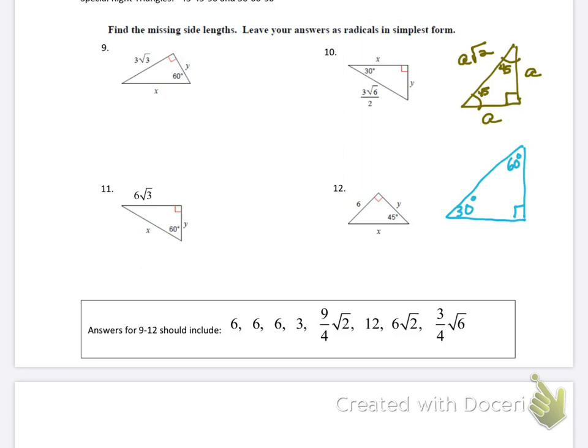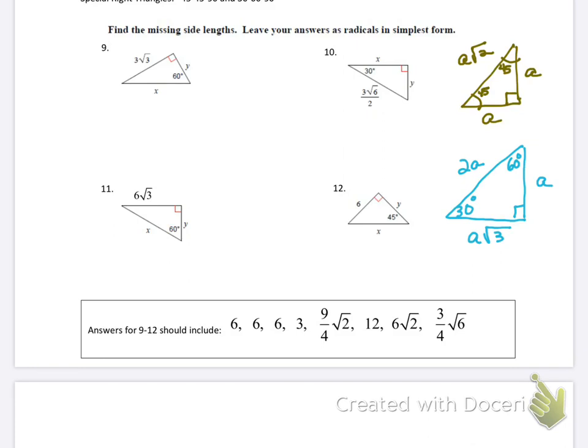Now the legs are not equal at this point, but the leg opposite the 30, we're going to call that our A. Opposite the 60 will be whatever that A is, opposite the 30, times root 3. And opposite the 90 will always be 2A. So that is the key to solving special right triangles. So again, you want to memorize that pattern.